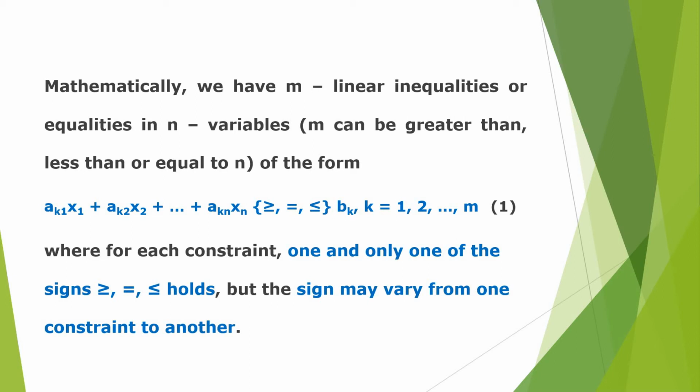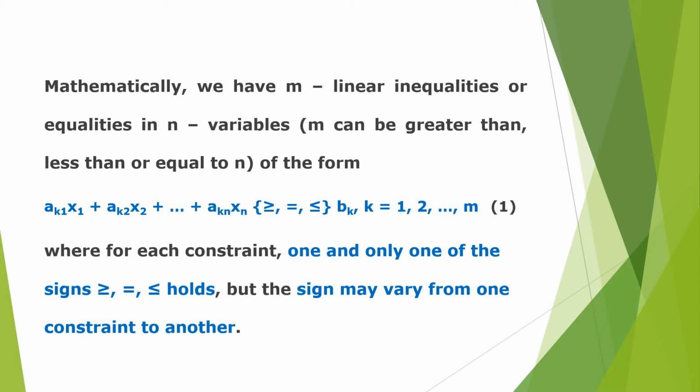When you say k is from 1 to m, it means there are m inequalities, and x1, x2, xn are decision variables, where in each constraint one and only one of the signs, either greater than or equal to or less than or equal to, holds.